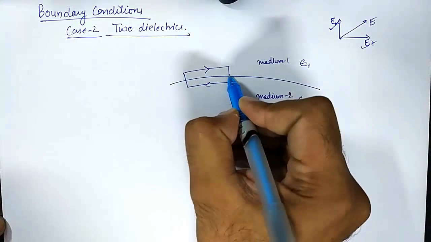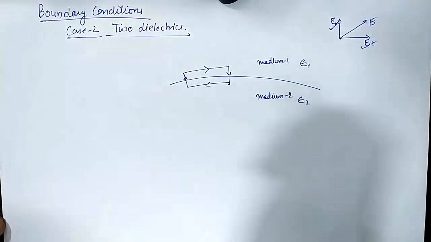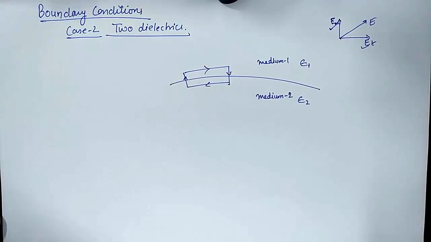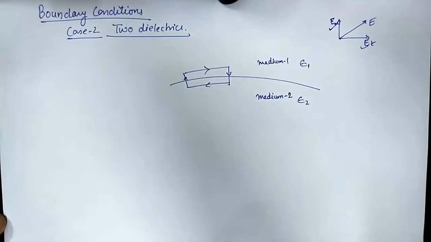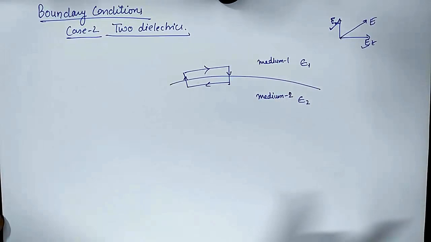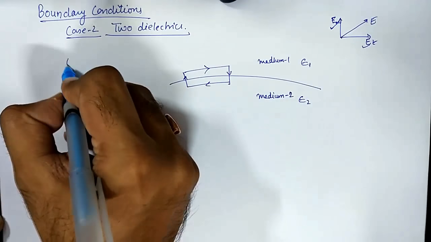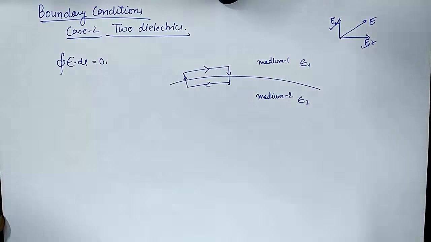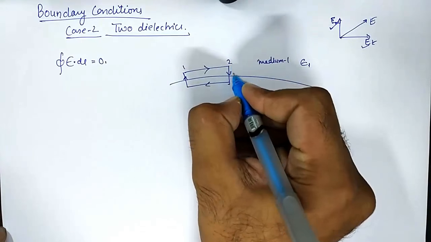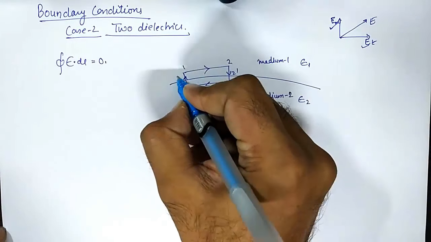In order to do that we take help of Maxwell's equation. To find out the tangential component, we simply take up a small closed loop rectangle and we apply the integral of E dot dl equals 0, Maxwell's equation. Pretty simple. We take up 1, 2, 2 dash, 3, 4, 4 dash.